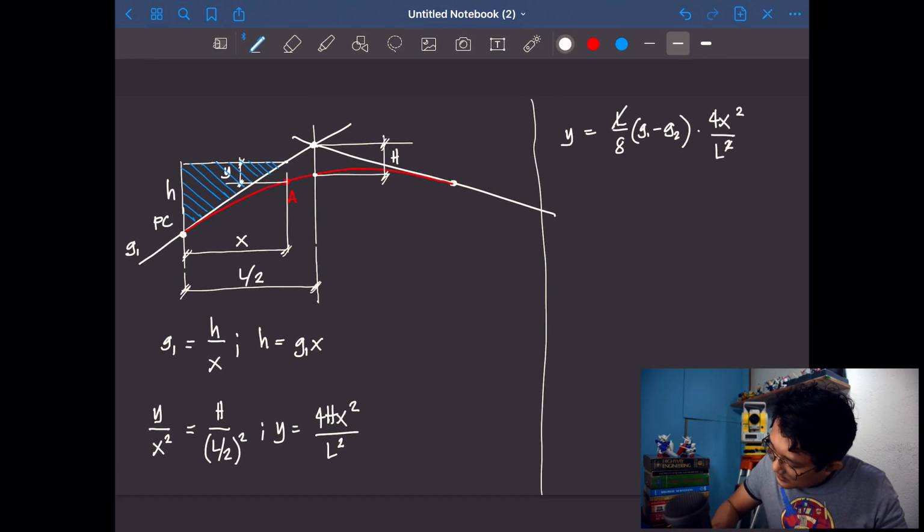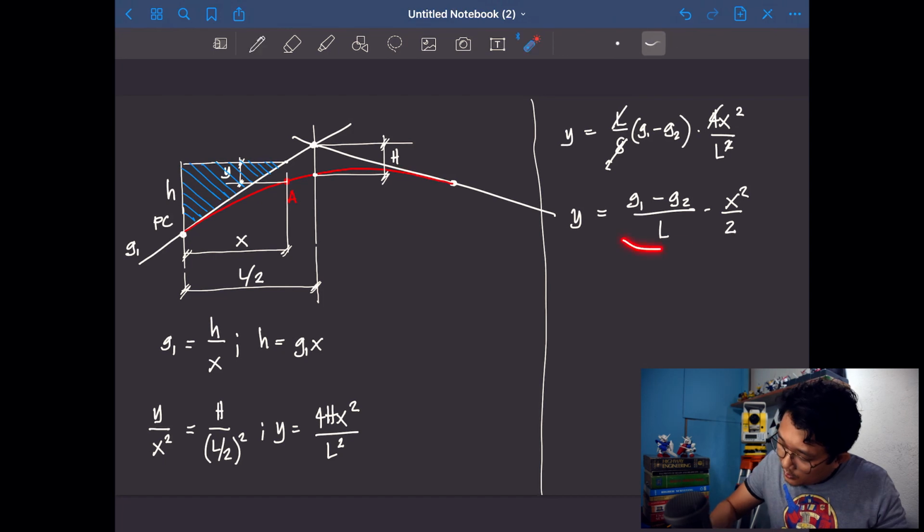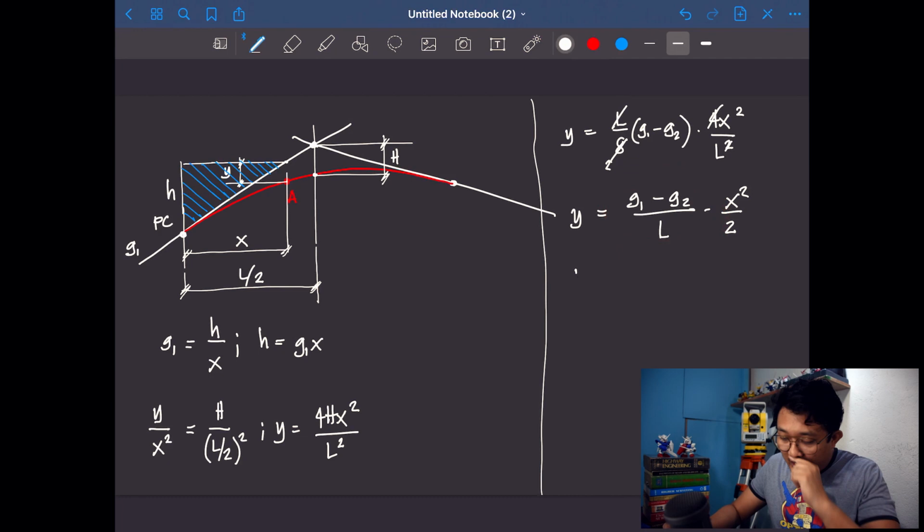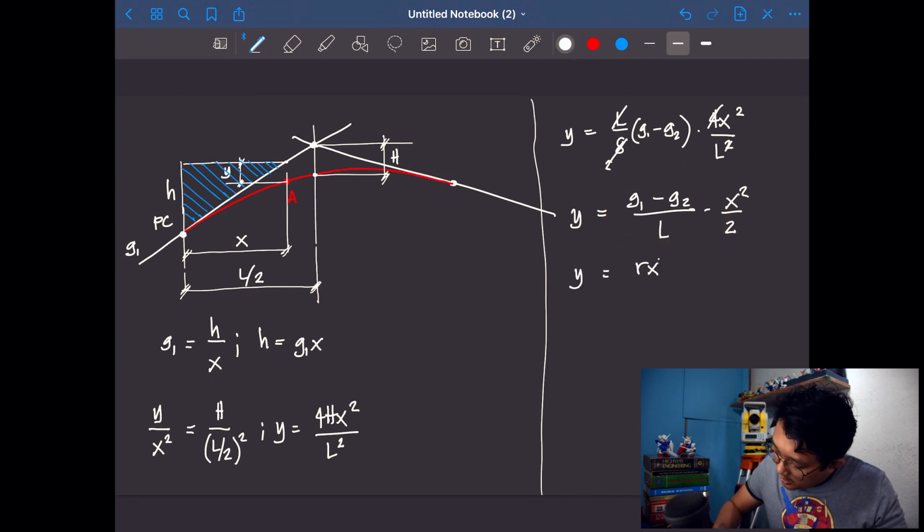We can cancel that, cancel that, cancel that, cancel that, and make this 2. And you will have y is equal to, and I'm going to rearrange just so you can see, (g1 minus g2) over L times x squared over 2. But what is this? That's the formula for the rate of change in grade. So that means that I can just write here y must be equal to r x squared over 2.